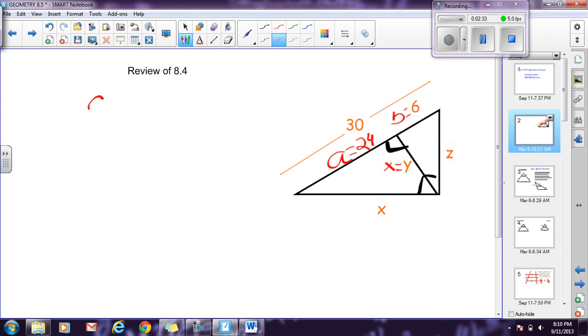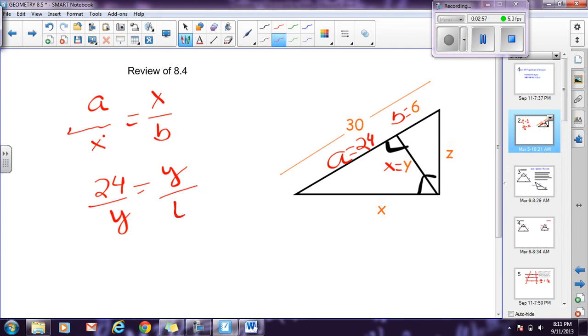Remember the geometric mean, we write a over x equals x over b. Okay, so here our a is going to be 24 over x, which is already y, right? Equals y over 6.